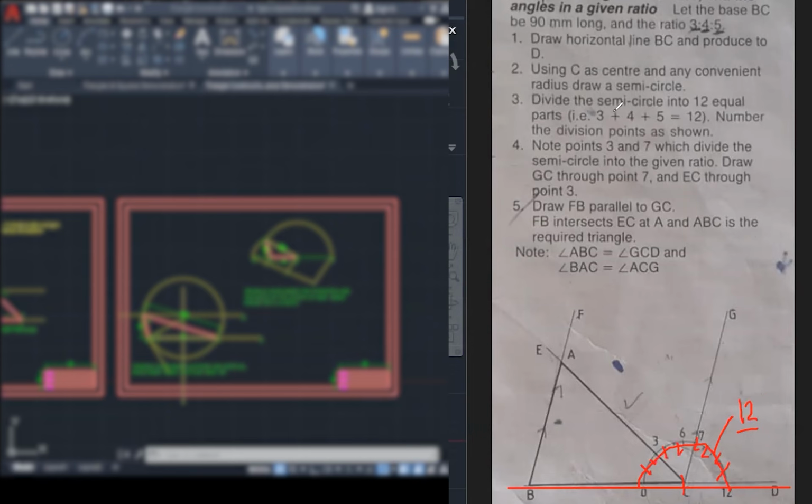Right? And then you do a similar thing. You actually identify these points 3, 4, and 5 in the ratio, because this is what is given, 3, 4, and 5. So you identify those, and from those you create connections to C. So you would create a connection here and a connection there.